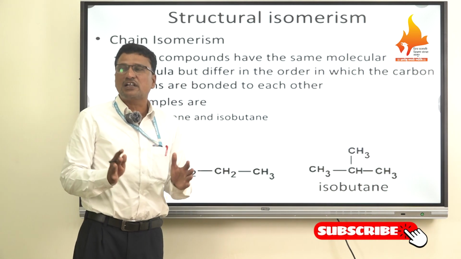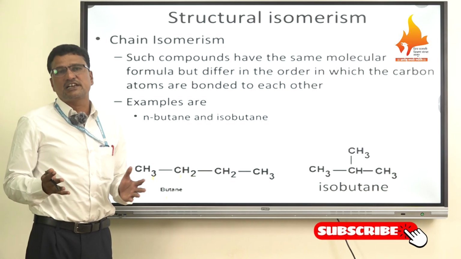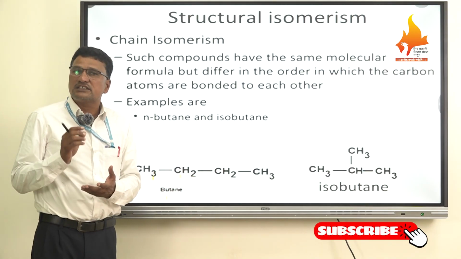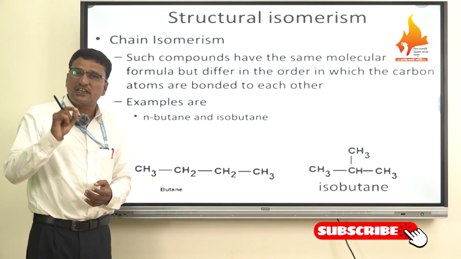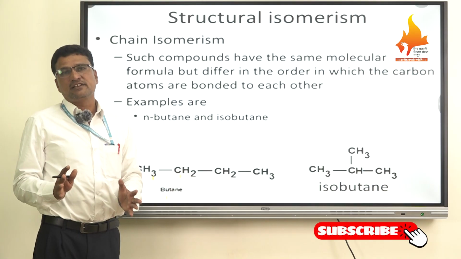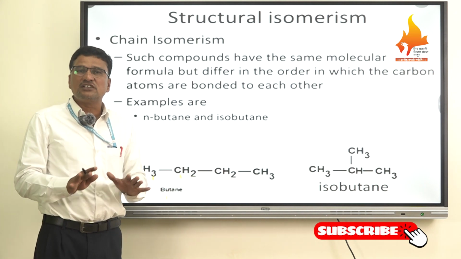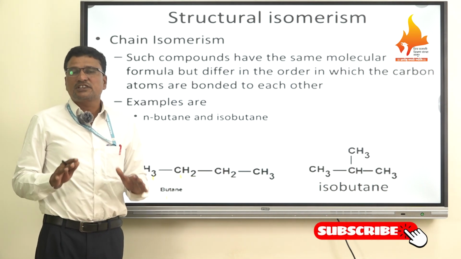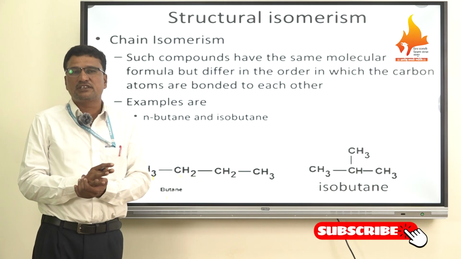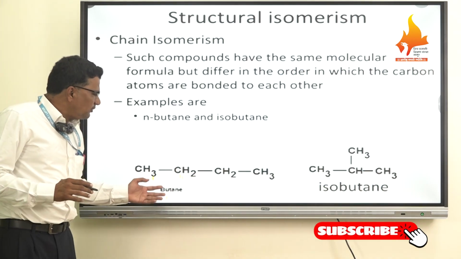Only the carbon chain changes. If you count the carbons and hydrogens, they are the same, but one is n-butane with a straight chain and the other is isobutane with branching. Such compounds, butane and isobutane, are chain isomers of each other, and the phenomenon is chain isomerism.